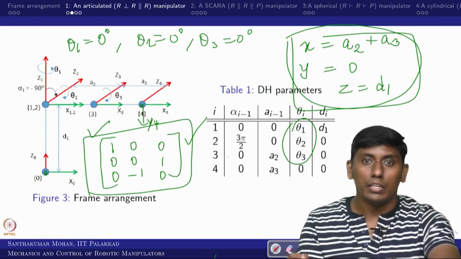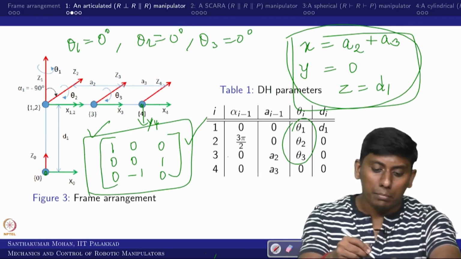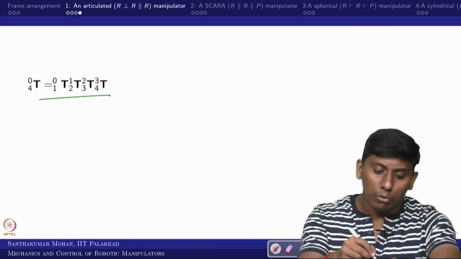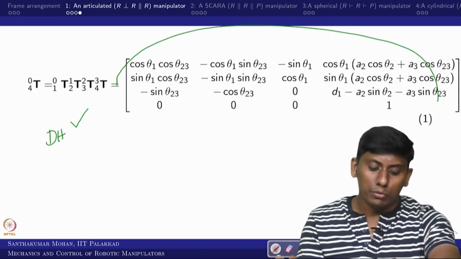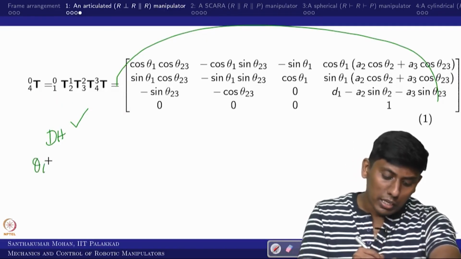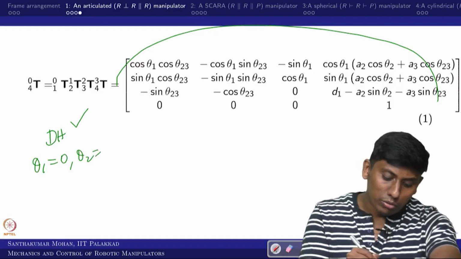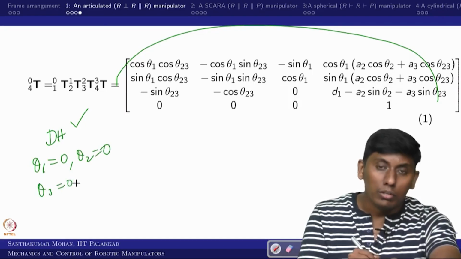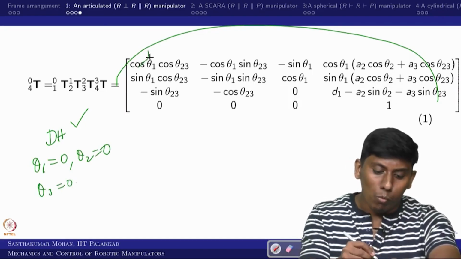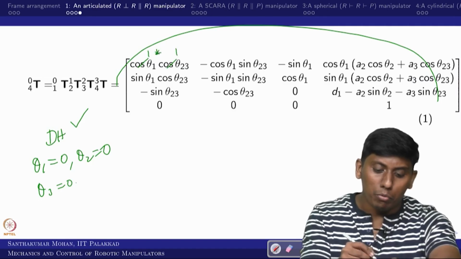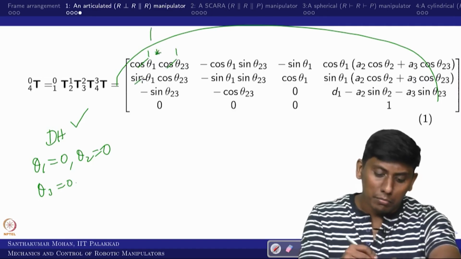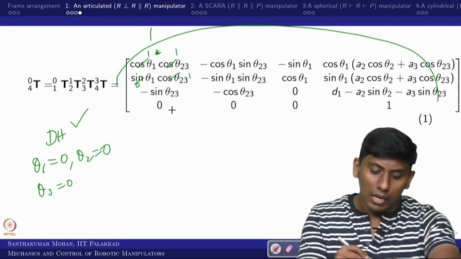We can cross check whether you are getting this once you obtain the matrix that you found here, right? So how can we substitute? You substitute theta 1 equal to 0, theta 2 equal to 0 and theta 3 equal to 0. What becomes? This becomes 1, this becomes 1, 1 multiplied by 1 is 1, this becomes 0, this becomes 1 and this becomes 0.